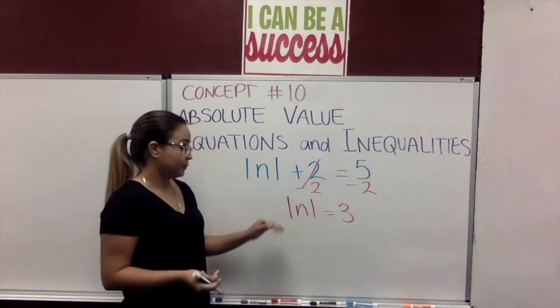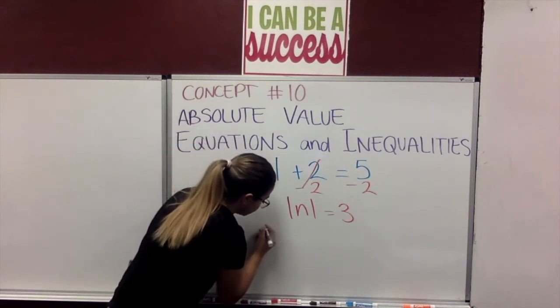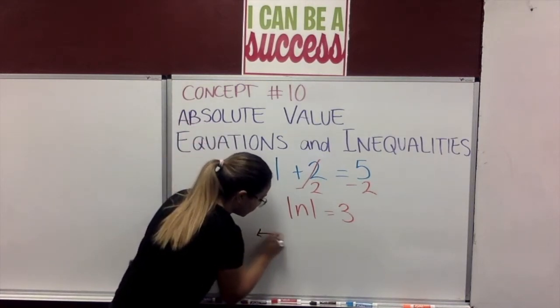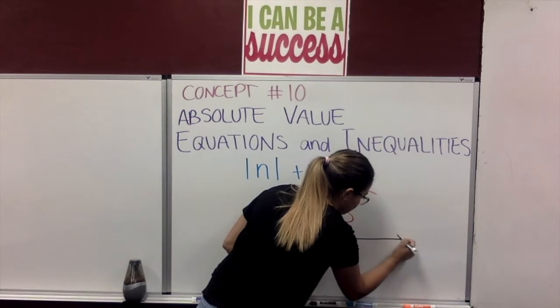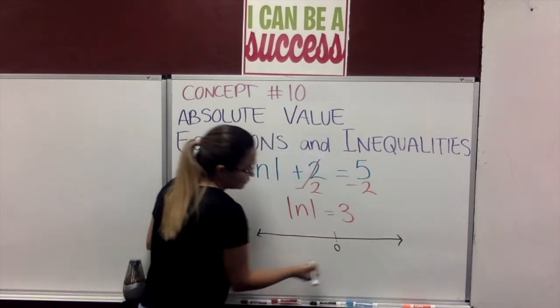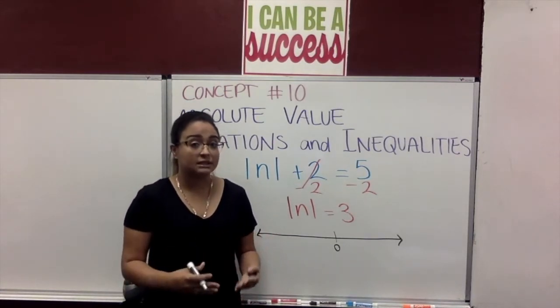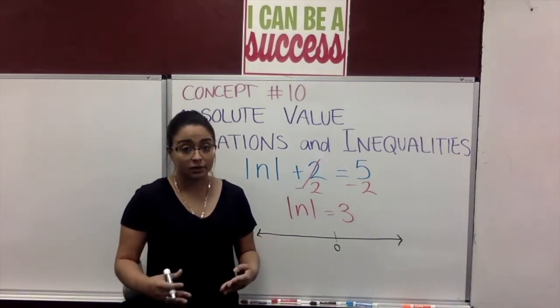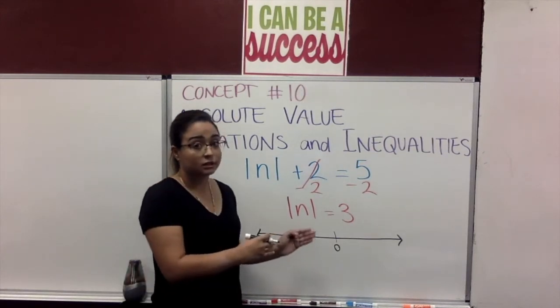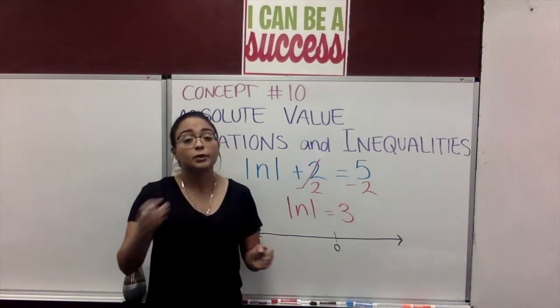Absolute value is going to be graphed. Now, the way this is graphed is as follows. We're going to draw a number line, a number line with the 0 in the middle. Now, absolute value means its distance from 0. So the distance from 0 is going to be 3. So we're going to mark 3 on both sides of 0.